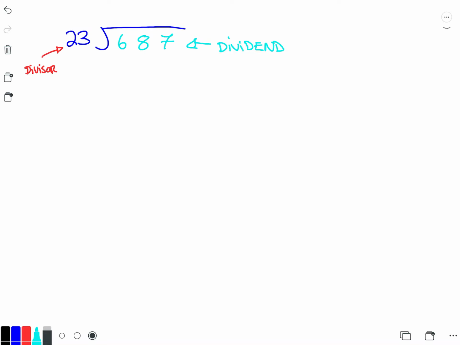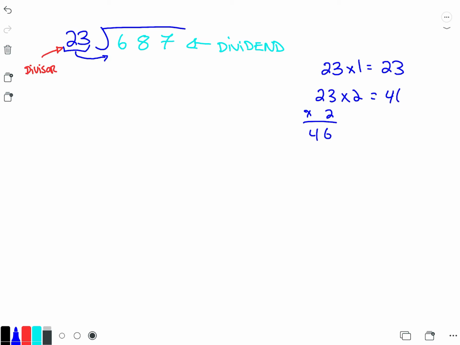So I'm going to do the same exact thing. How many groups of 23s can I fit inside a 68? Well, let's see. If I do my multiplication facts, 23 times 1 is 23. I can do a little bit more. 23 times 2 is what? 2 times 3 is 6, 2 times 2 is 4. 46, okay, I can do a little bit more, I think.